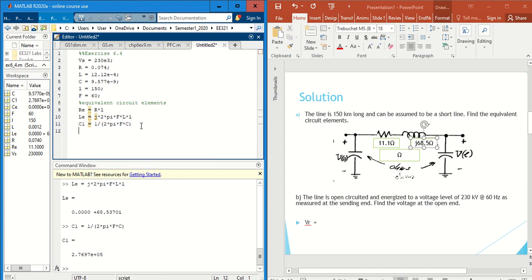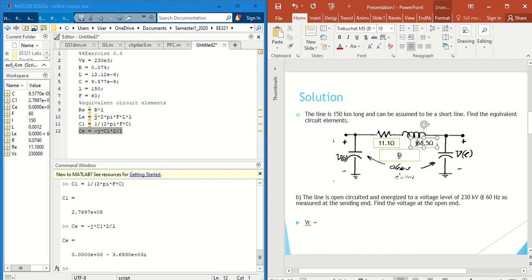Now C equivalent, as defined in the book, is equal to minus j, remembering that the capacitor is a minus j, times the C1 that we have found just before, times 2 divided by the length. This will give us the equivalent value for C. So the equivalent value is minus j 3693.